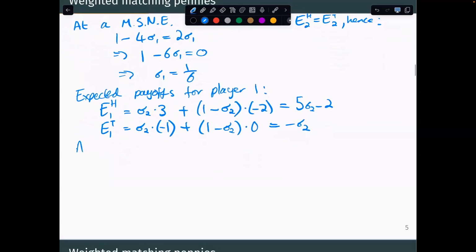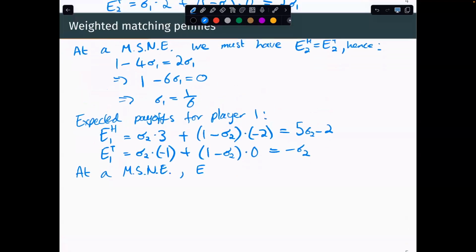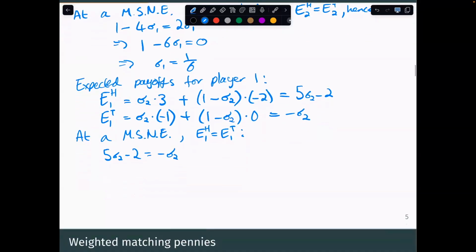And again, at a mixed strategy Nash equilibrium, we have these two expected payoffs being the same thing. So we're going to have 5 sigma 2 minus 2 has to equal minus sigma 2. Or 6 sigma 2 minus 2 is equal to 0. Or sigma 2 is equal to 1/3.